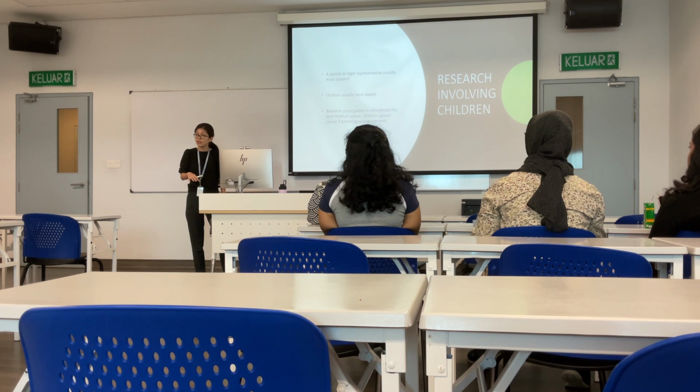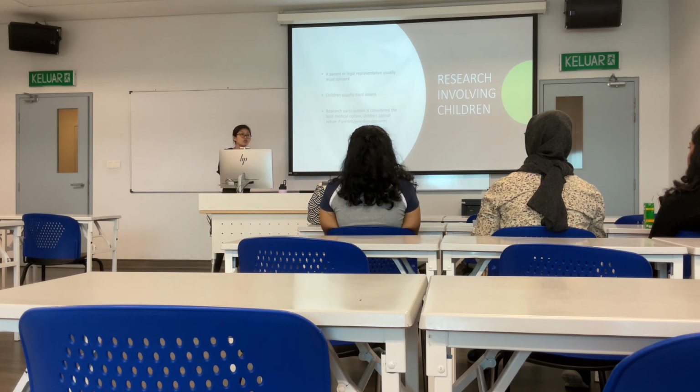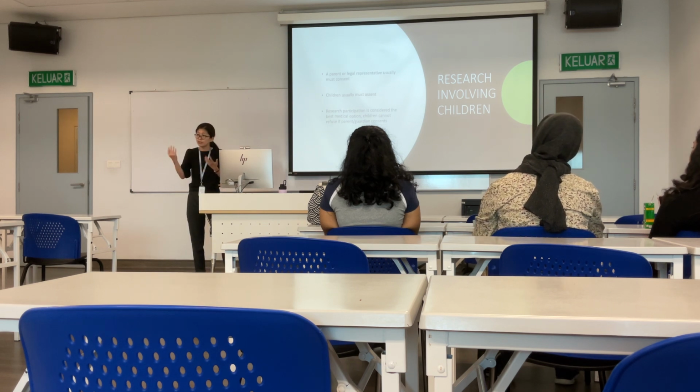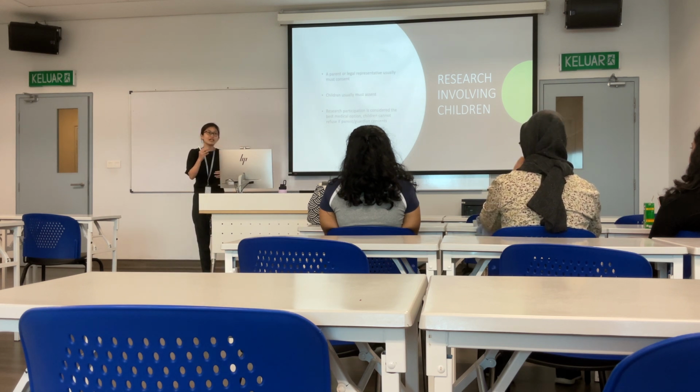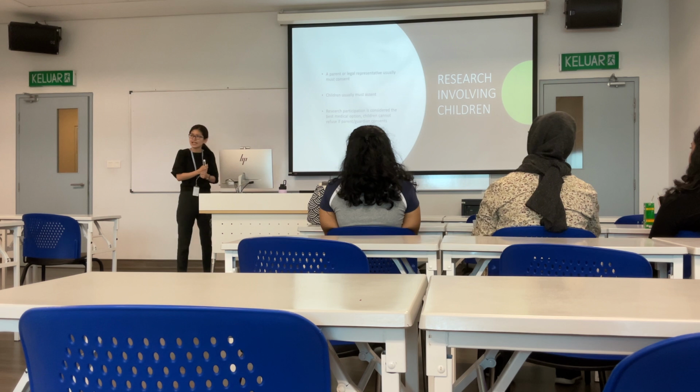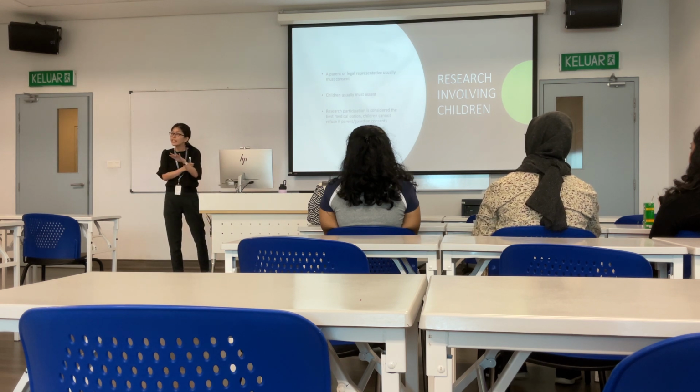But in the case that the procedure has no direct benefit to the children, they just participate to contribute knowledge, to contribute results, we have to pay attention to their willingness. So make sure that they also give assent. The legal age for an adolescent to give consent is, I think, 18 years old, right?